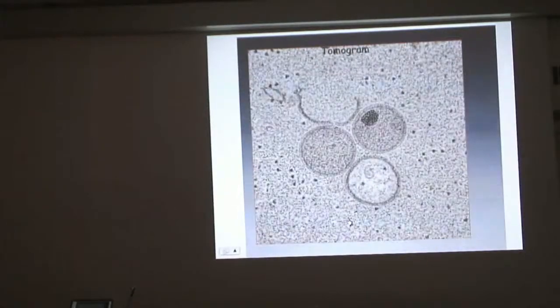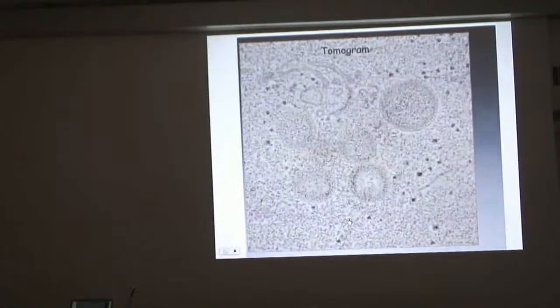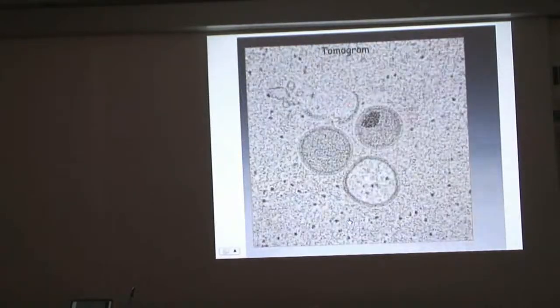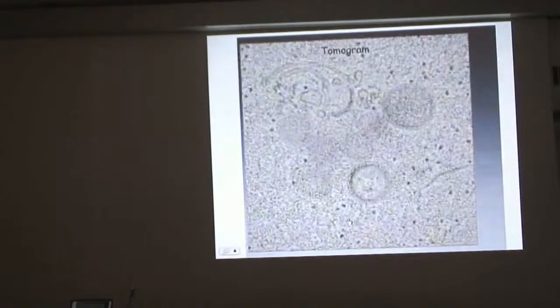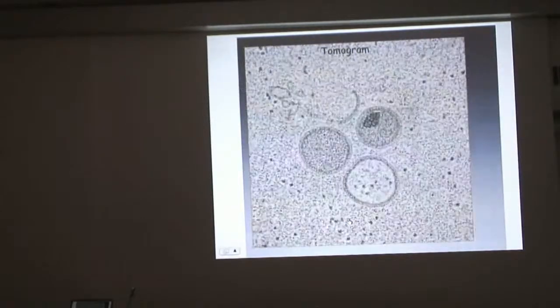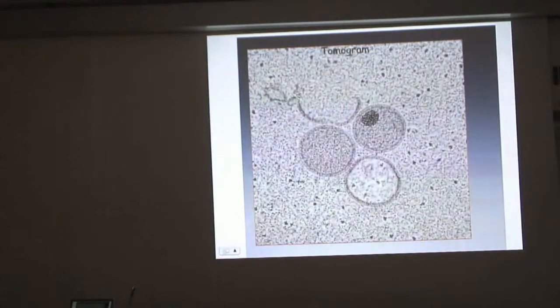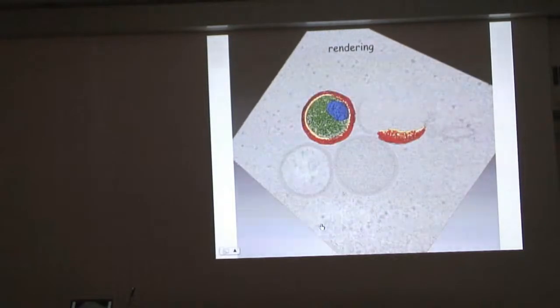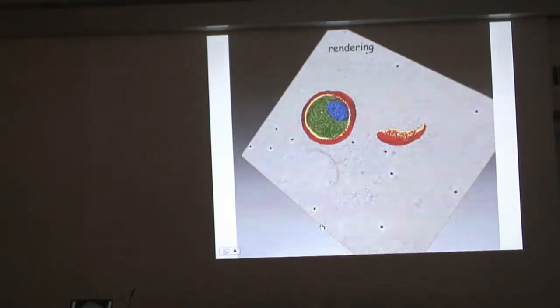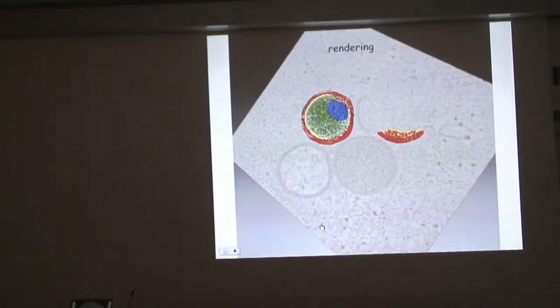What you can do in addition with tomography, you can basically tell the computer, okay, this is my membrane, this is my scaffold, this is the viral DNA, and then you can give all of these structures a color. This is what you call rendering. And when you do rendering, this is what comes out. It's all the same series of tomograms.